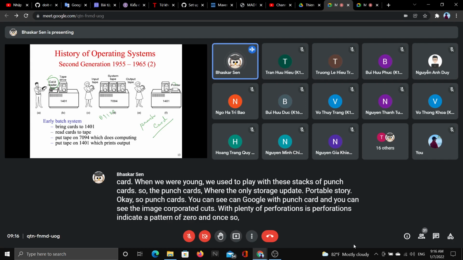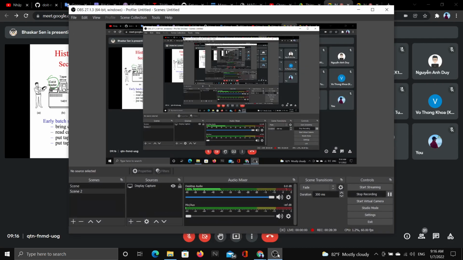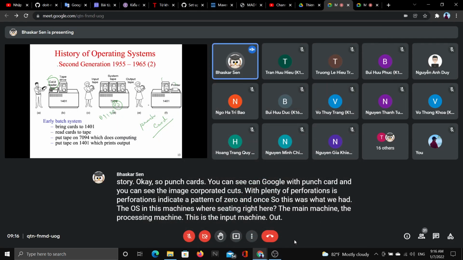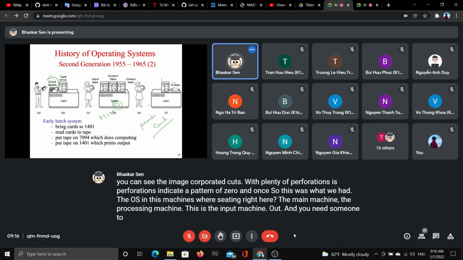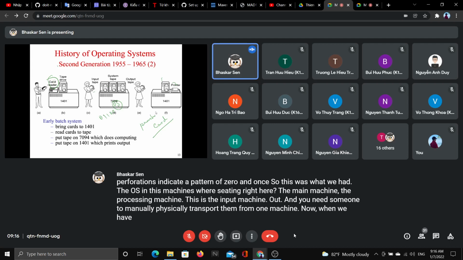So this was what we had. The OS in these machines was sitting right here. The main machine, the processing machine, this is the input machine, this is the output machine. And you need someone to manually and physically transport the tapes from one machine to another. Now, when we have the operating system, this is called batch processing.